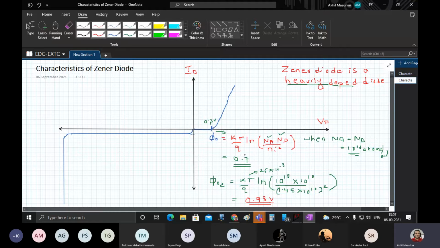So what we should know is that phi naught Z is going to increase and this characteristics is going to be this. I will write here phi naught Z. This is for normal diode and this is for Zener diode.